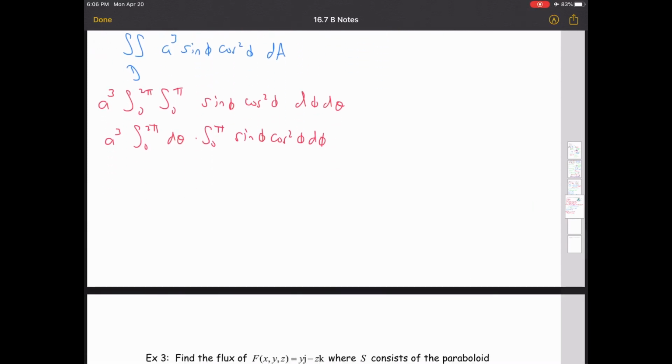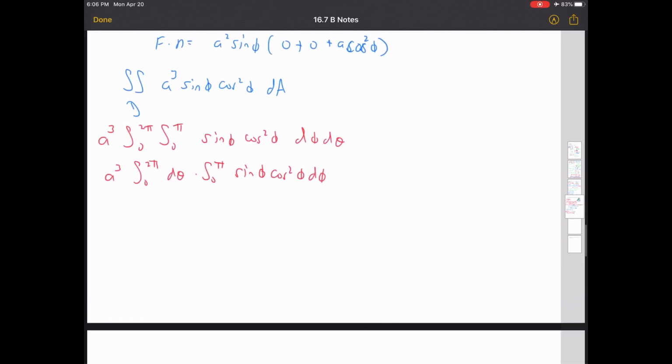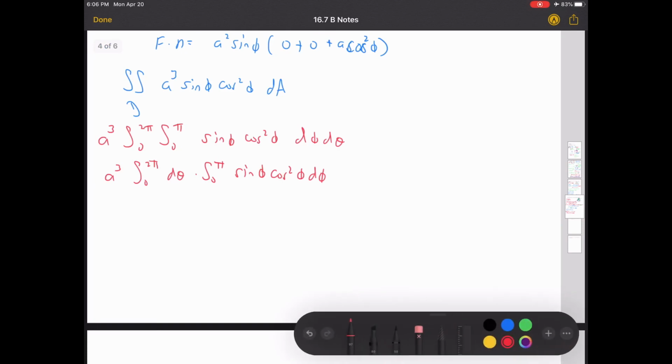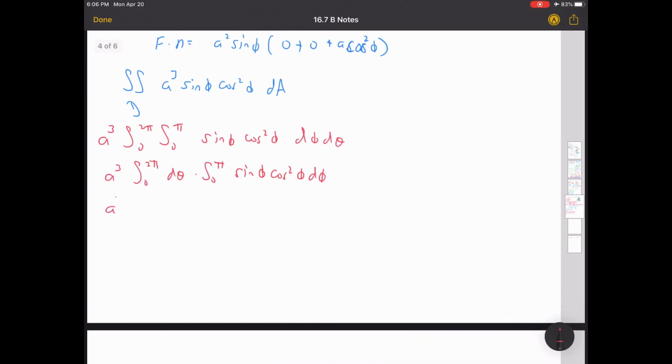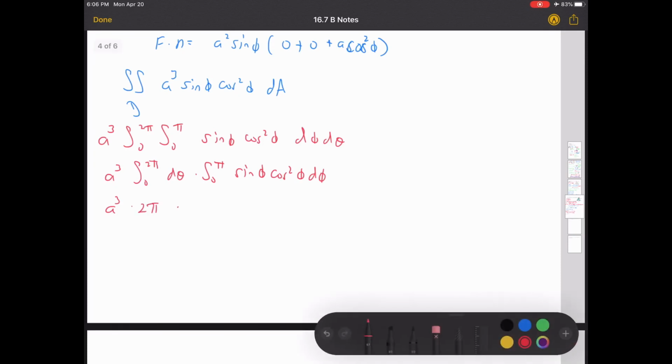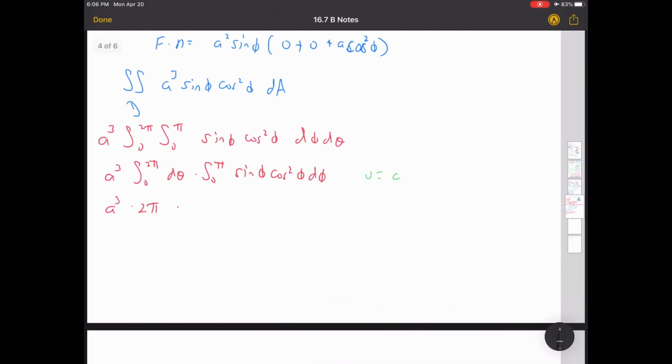All right, the integral from 0 to 2 pi of d theta, again, we've done that several times, so that should be no problem. So we're going to have a cubed times 2 pi. Now we are going to have to do a substitution. So we're going to let u equal cosine of phi, which means that du is going to be negative sine of phi d phi.